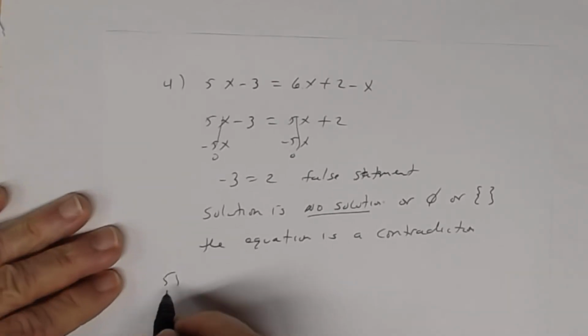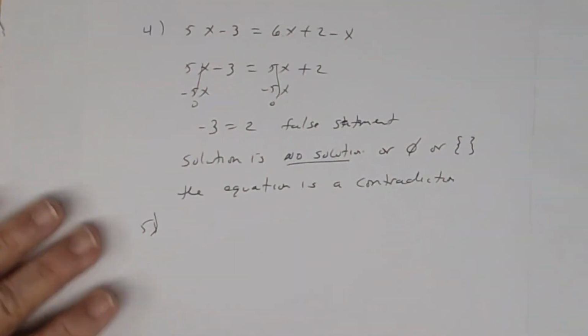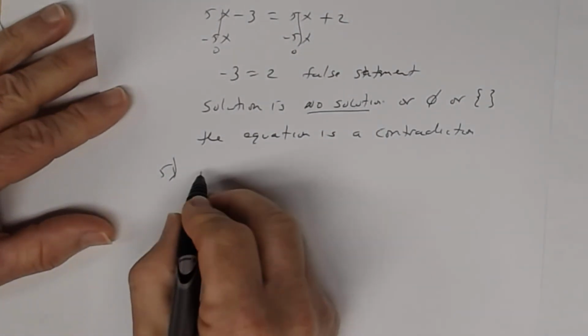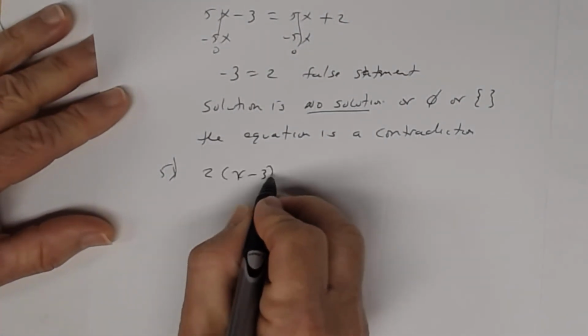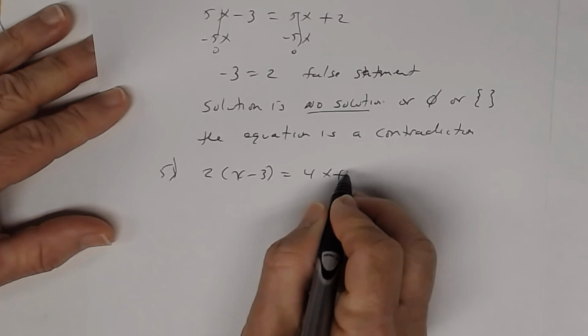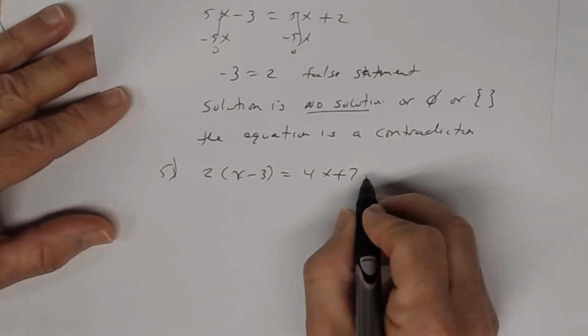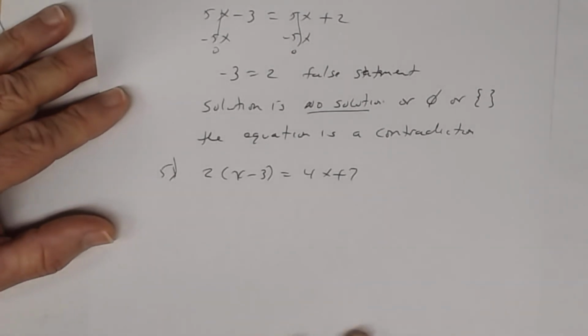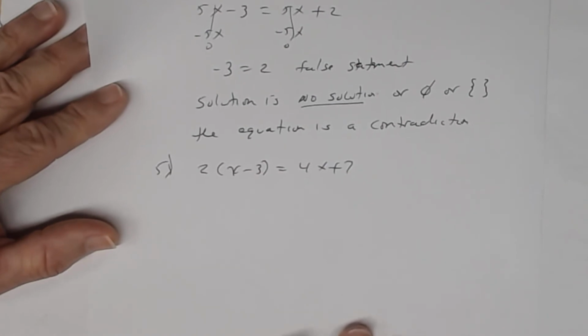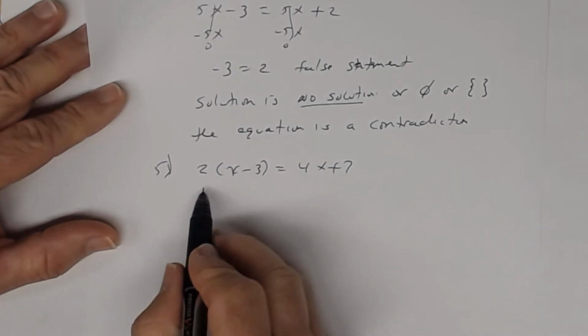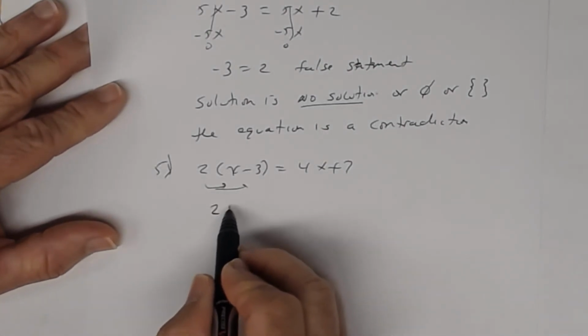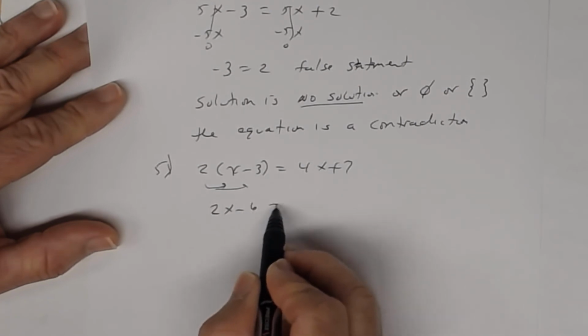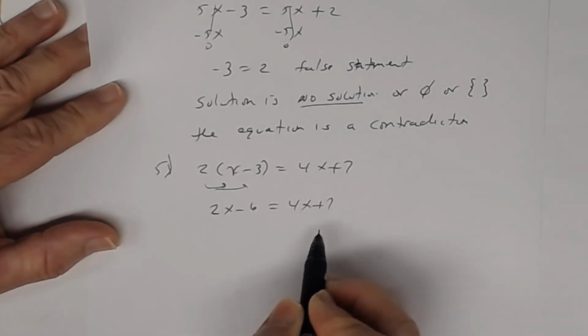All right, and then finally number 5. Let's look at one more. So number 5, let's suppose we had 2 times x minus 3 equals 4x plus 7. Let's do that one. So let's go ahead and solve this equation. We're going to distribute the 2. So I get 2x minus 6 equals 4x plus 7.